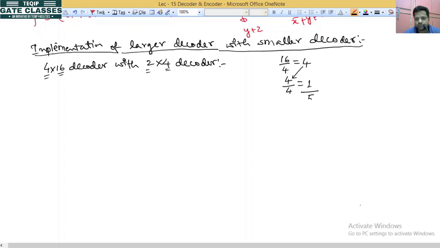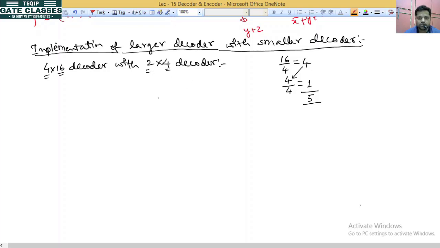It will be 5. So if you want to build a 4x16 decoder, then 5 2x4 decoders are required. See here, if you divide 16 with 4, you will get how many? 4.